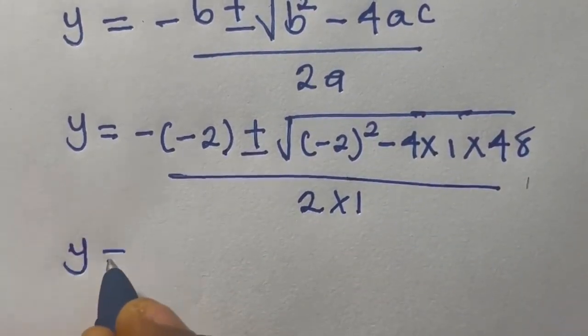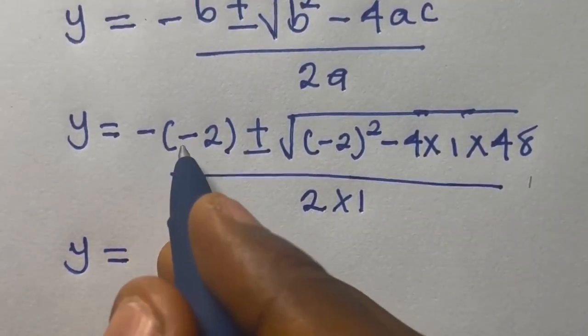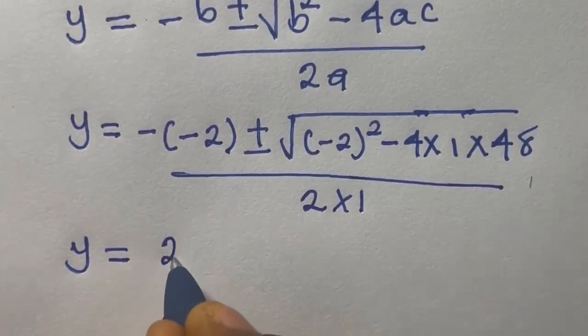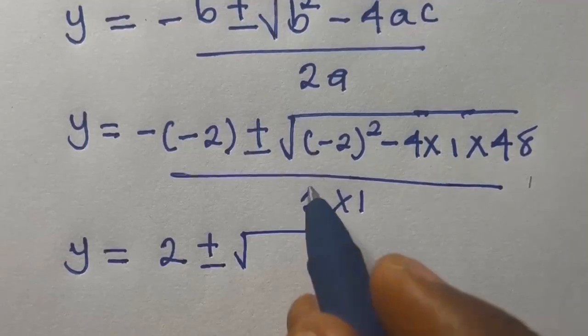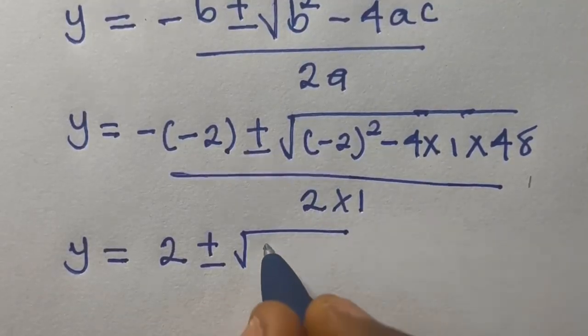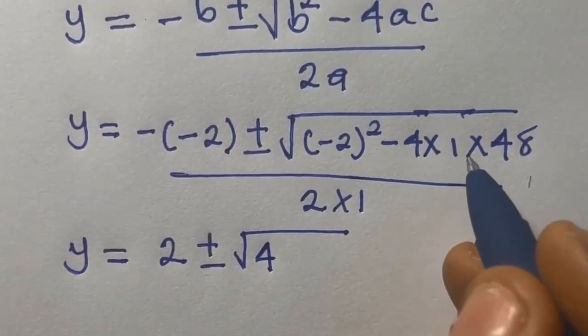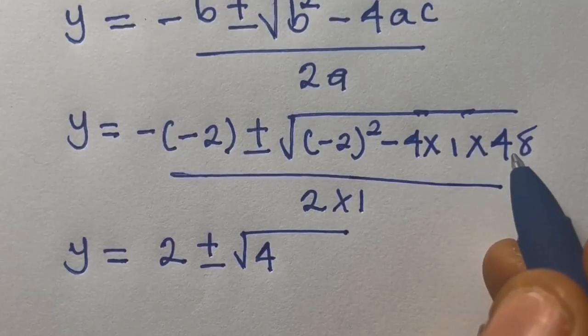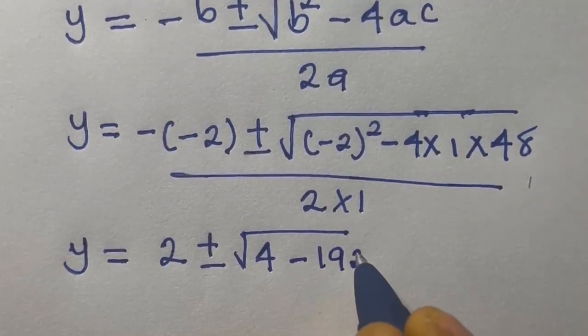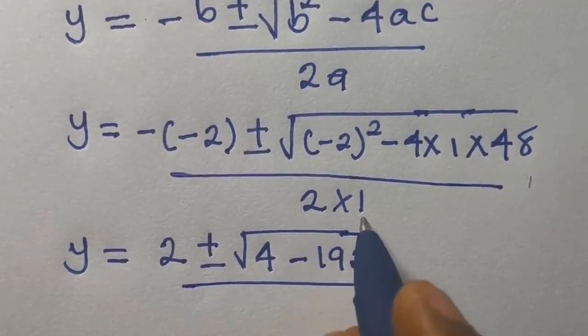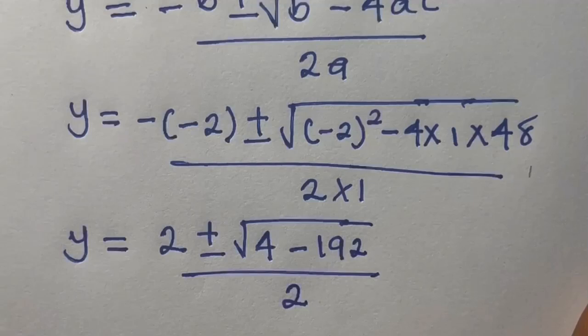So we have y equals minus times minus 2, so that is 2, plus or minus square root of minus 2 square, which will give us 4, minus 4 times 1 times 48, that is minus 192, divided by 1 times 2, we have 2.